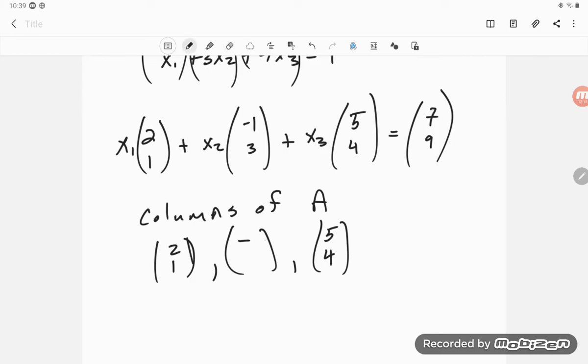So the columns of A are these, and you see another way to think of this linear system is that I'm taking a linear combination of those columns. So I'm taking some x1 times 2, 1, some x2 times -1, 3, and some x3 times 5, 4.